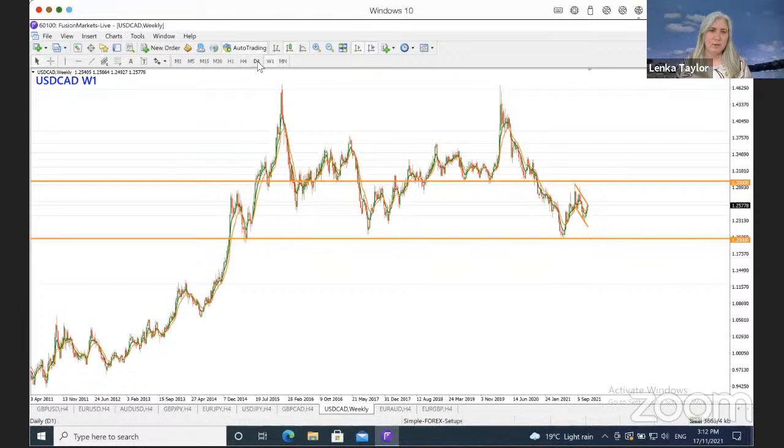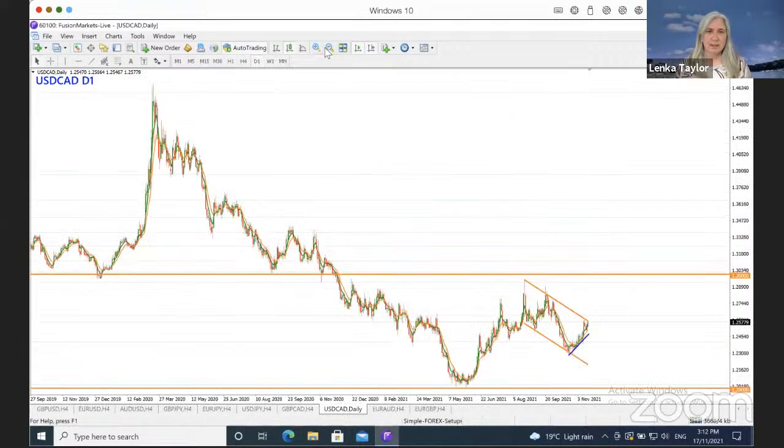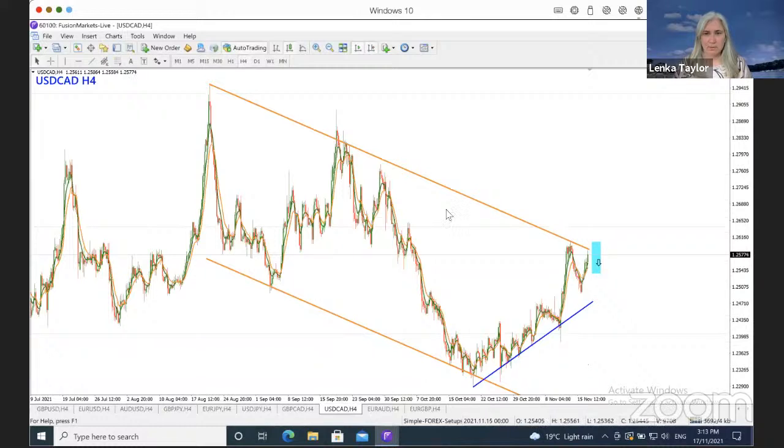And then what I do is I go to the daily and have a look if there is something there that correlates with those, and I might adjust it. So this one might be a little bit lower. There's quite a few lower down here. I usually try and put them at round numbers as well, so whatever the closest round number is. And then I just leave them there.